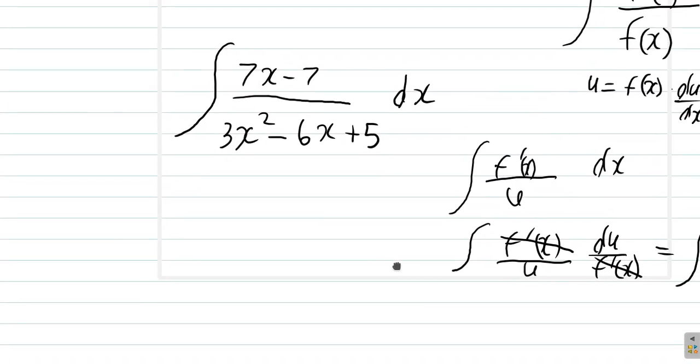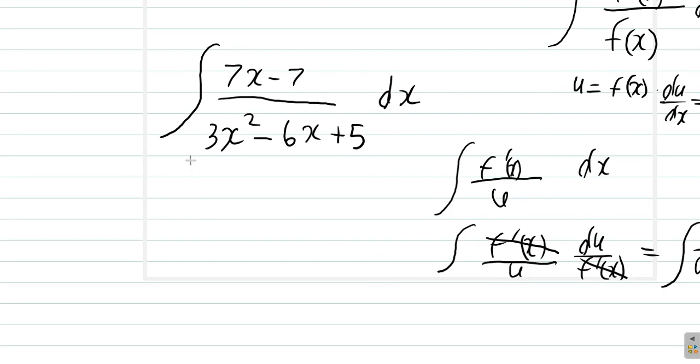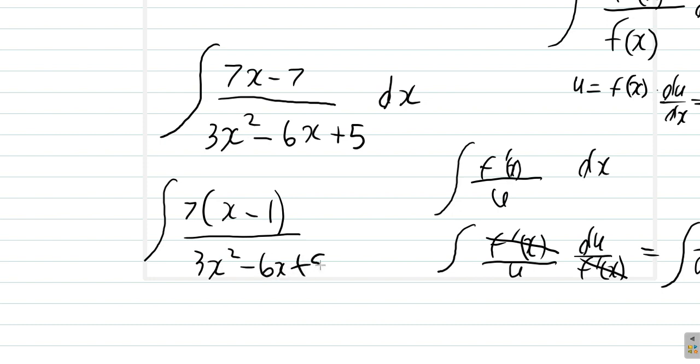So let's look at this now. What we can do is factor out the 7x minus 7. So you have the integral of 7 times x minus 1 over 3x squared minus 6x plus 5, right? So we have that.